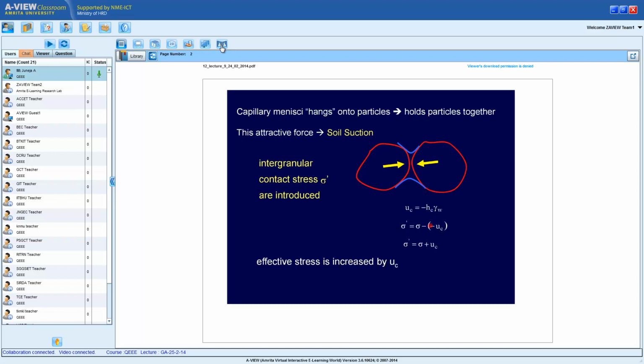In this case, the pore water pressure is negative because of capillarity. It results in the effective stress being increased by the magnitude of the soil capillarity.